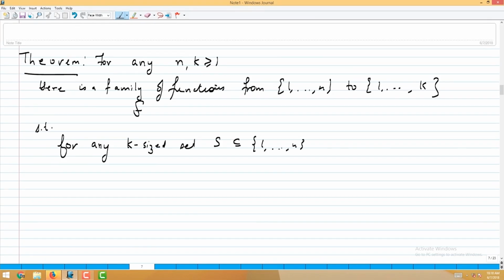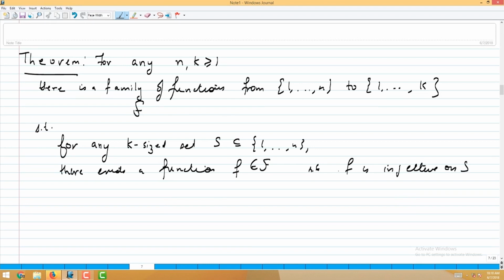So basically, pick any k numbers from 1 to n and let S be the collection of those numbers. There exists a function, let's say f in this family, such that f is injective on S. What does it mean to say that f is injective on S?